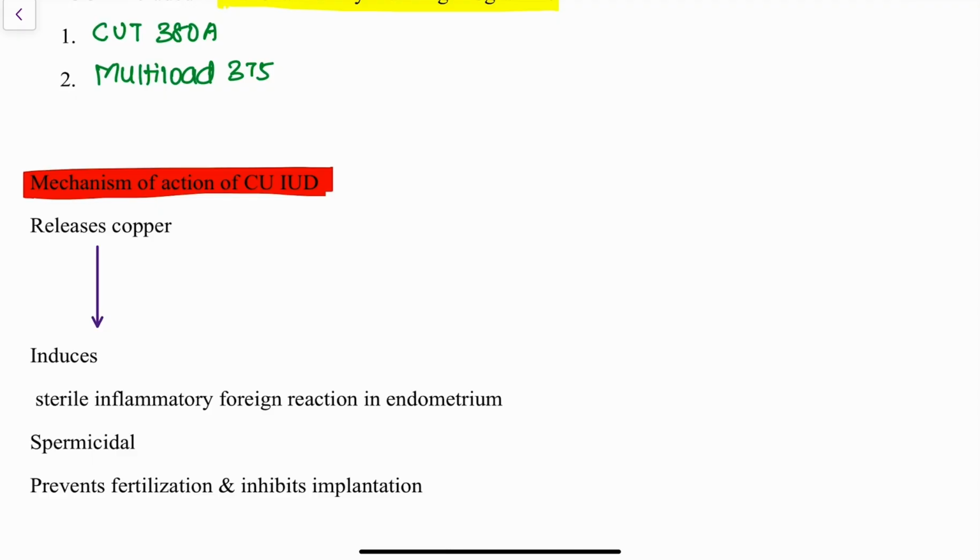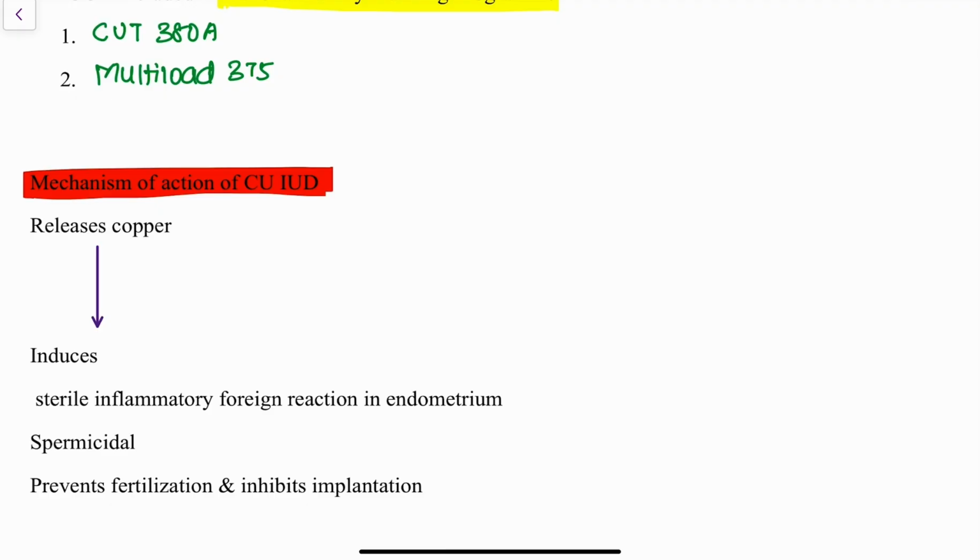Fine. Now what is the mechanism of action of this copper intrauterine device? Similar to the Lippes loop, this intrauterine device, which is impregnated with copper, once inserted inside the uterine cavity, is going to release copper every single day, to a particular extent.